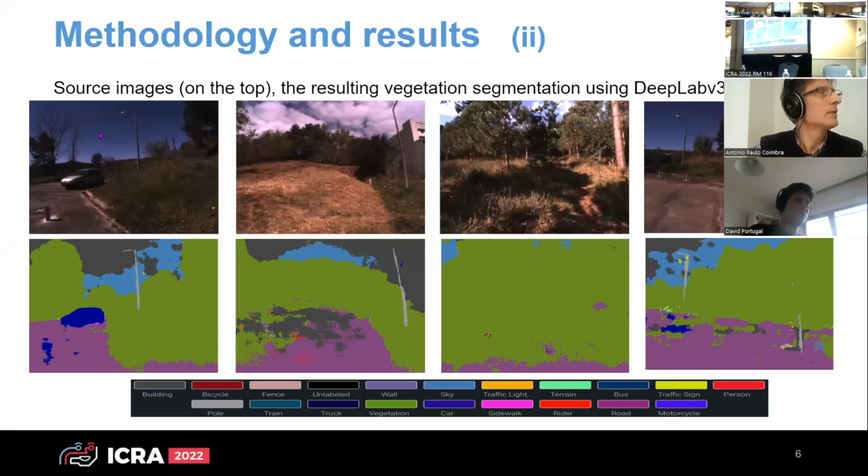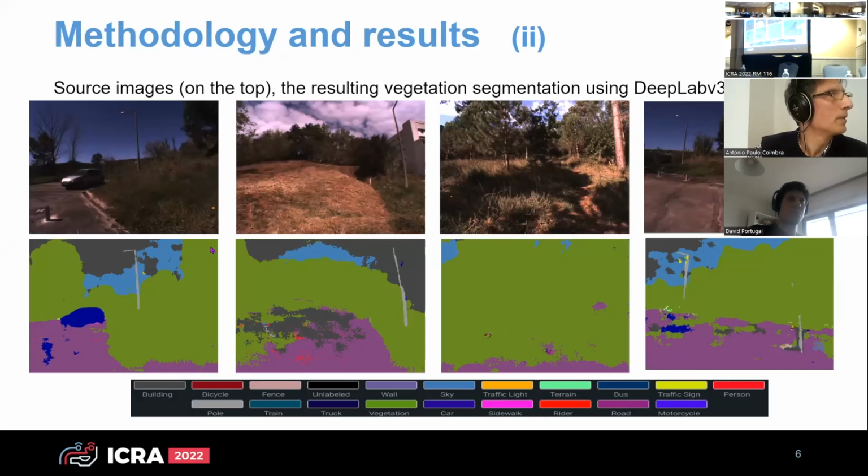The results with DeepLab: at the top, these are the input images, and here we have the output, the vegetation segmentation. You can see here that the segmentation was well performed, with a car being detected, some road pavements, and an illumination pole.